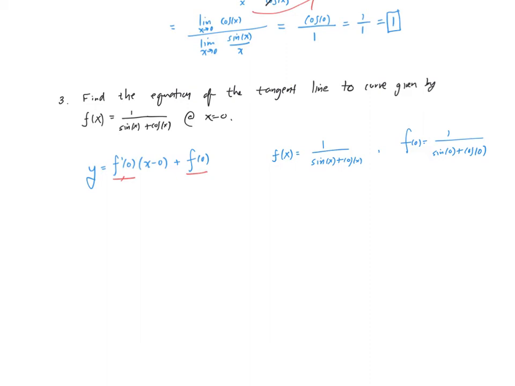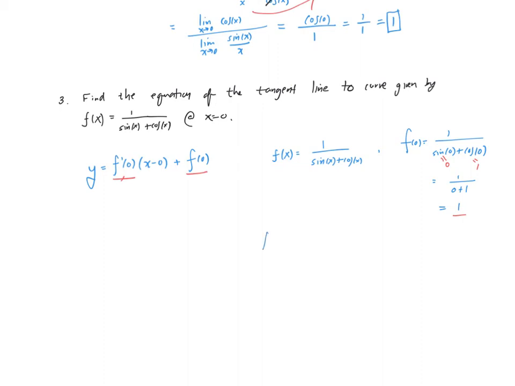What is sine of 0 equal to? What is cosine of 0 equal to? And hopefully you've written down sine of 0 is 0, cosine of 0 is 1. So f of 0 is 1 over 0 plus 1, which is simply 1. And that is the first function value we need for the equation of that tangent line.